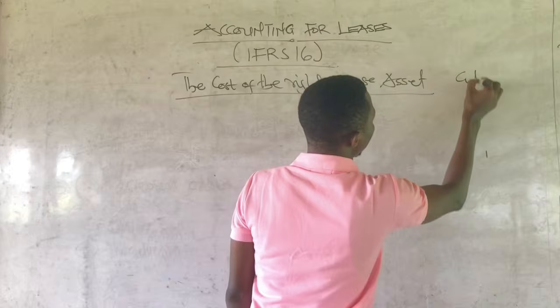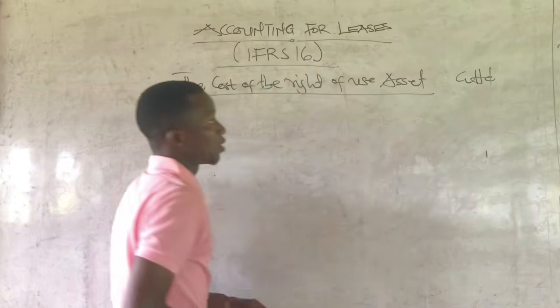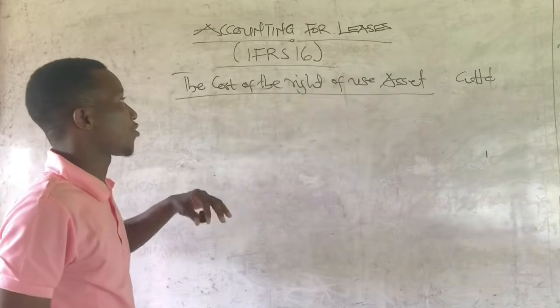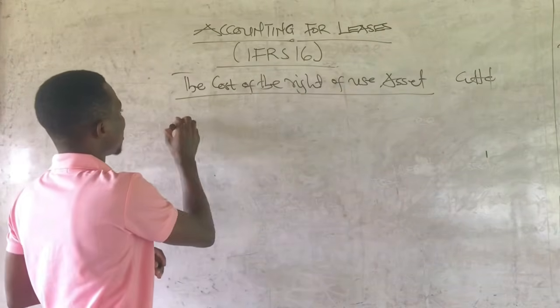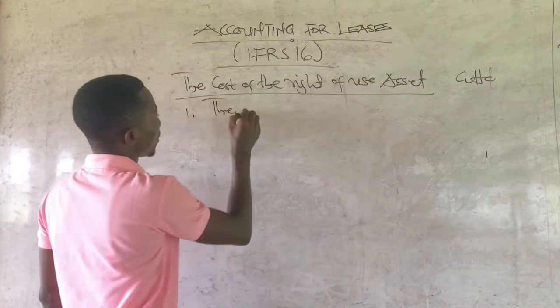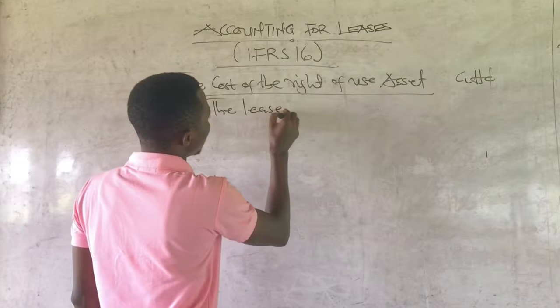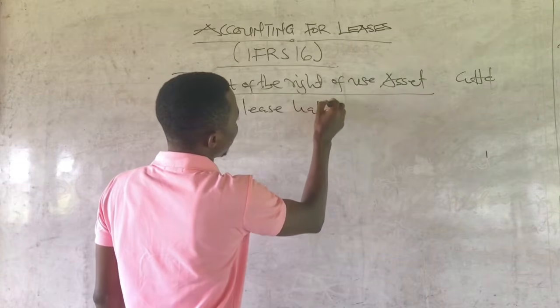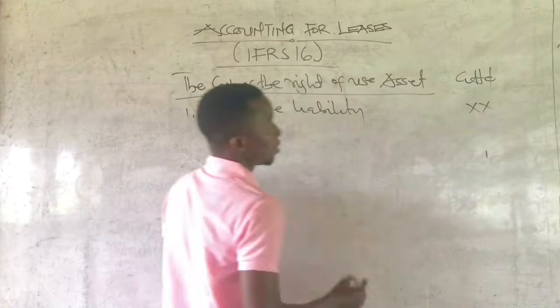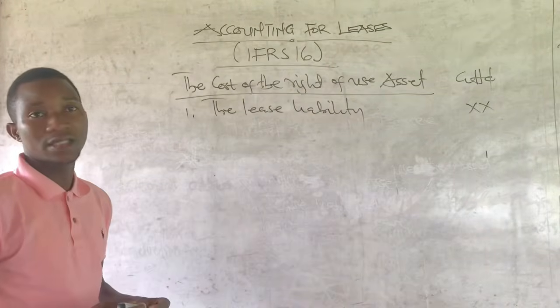The first thing the lessee has to recognize under the right of use asset is the lease liability. He has to recognize the lease liability.